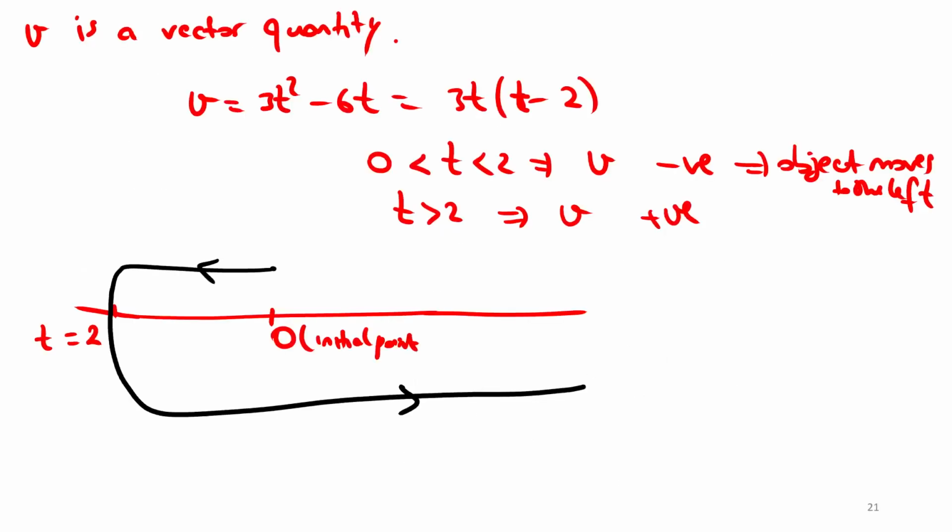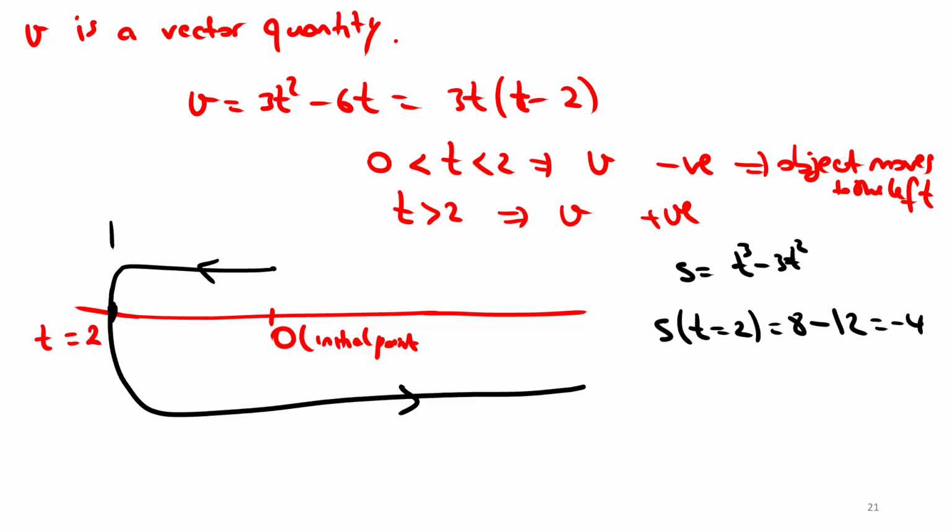And then we come back here. Let's first start with t equals 2. When you replace t with 2, s will be 8 minus 12, which is negative 4.